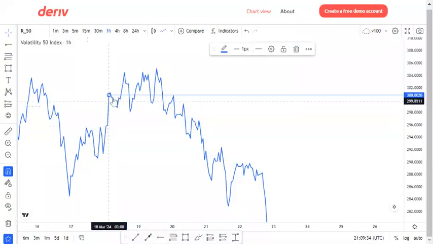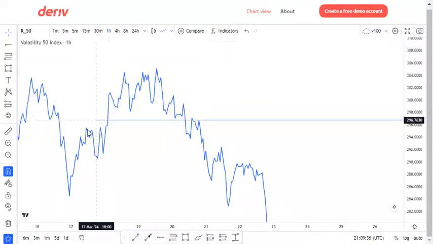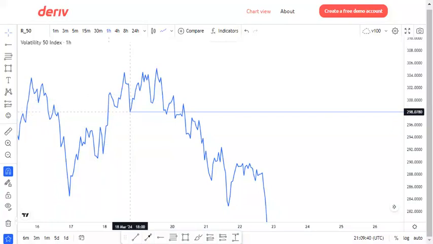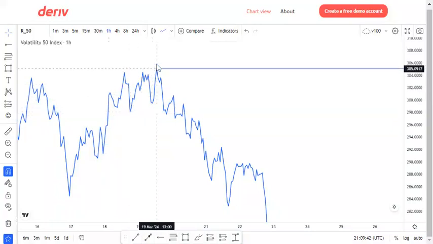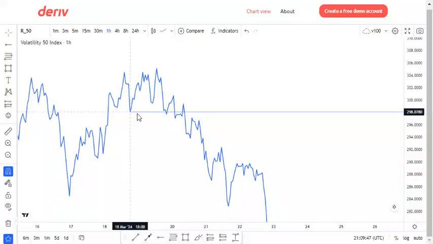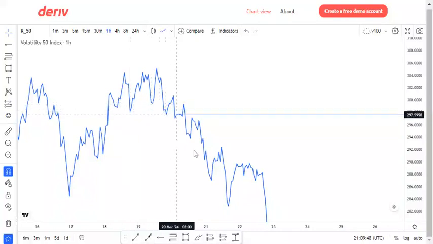It didn't respect because there are some other factors which we didn't discuss. And here is a low, and then the market formed a high right here. But the market broke this low from here, then started to form a downtrend.